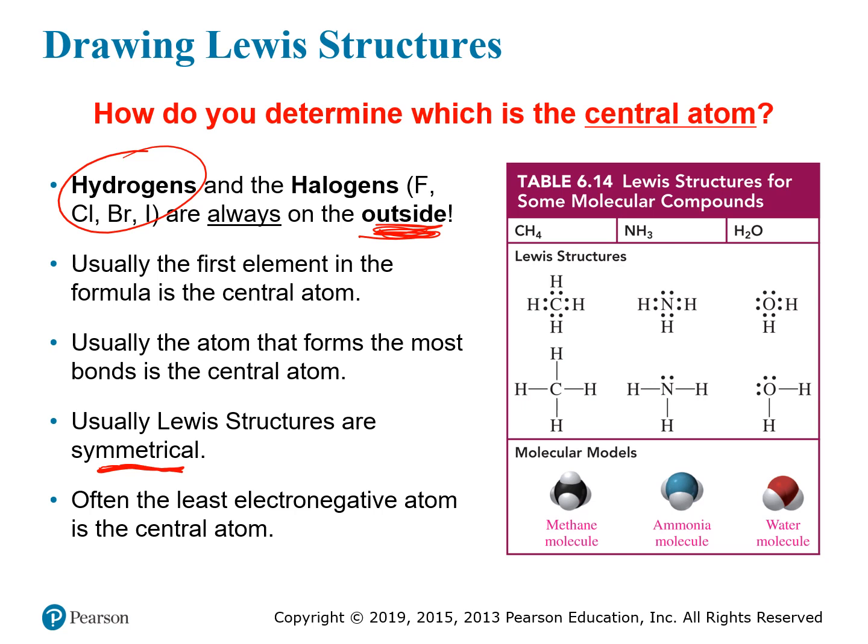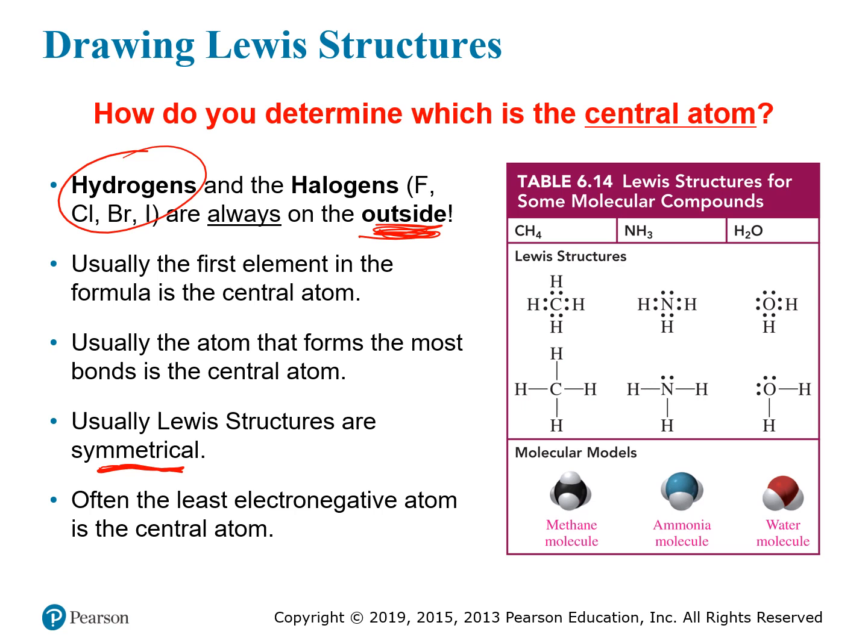And then another rule that you see, which is not really a rule, but some textbooks mention it and you'll see it online a lot, is that the least electronegative atom is the central atom. I'm not sure that's really a hard and fast rule. I think it mostly comes from the fact that more electronegative atoms tend to form fewer bonds.